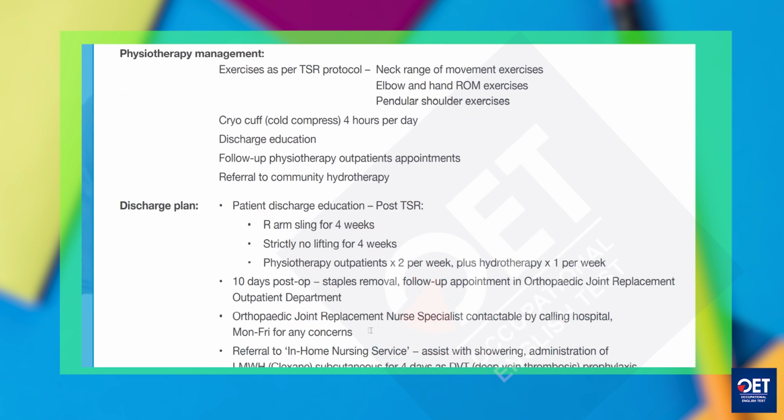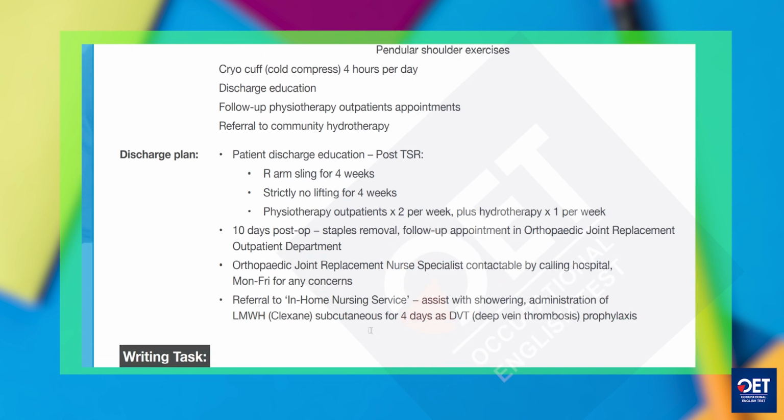The orthopedic joint replacement nurse specialist is contactable by calling the hospital Monday to Friday for any concerns. Referral to in-home nursing service to assist with showering and administration of Clexane subcutaneous for 4 days as DVT, deep vein thrombosis, prophylaxis.